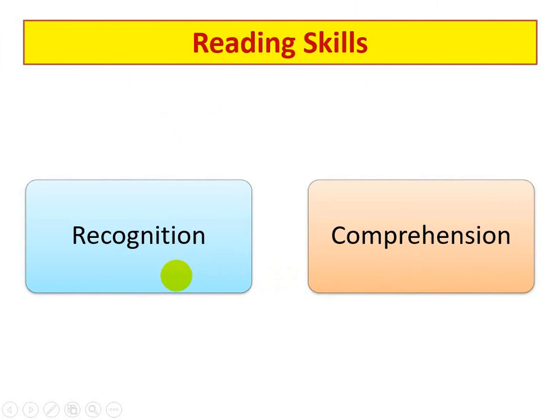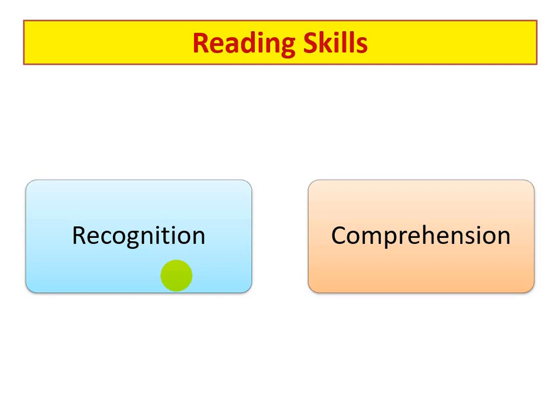Recognition simply means when you just have the first glance at the text, the phrases, the words, the structure, etc. You are trying to recognize the letters, the alphabet, the symbols, for example, just to recognize the word in your mind, and this is called recognition. After that, you're going to comprehend, to try to understand what is the meaning, what's behind this structure or these words.